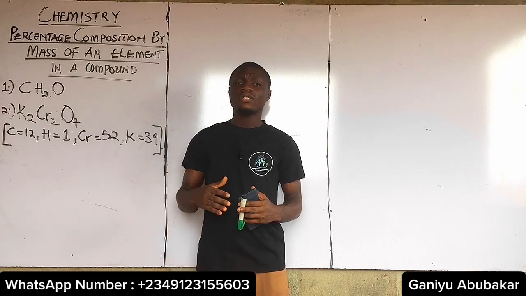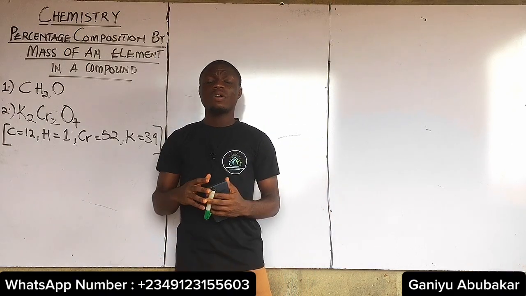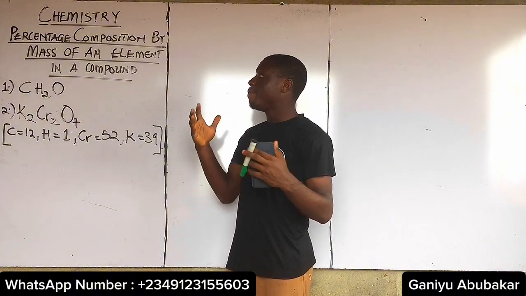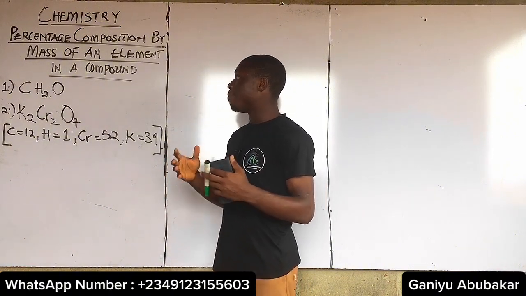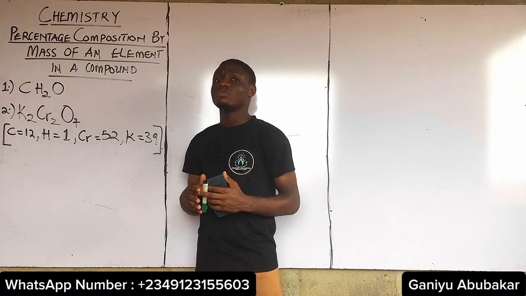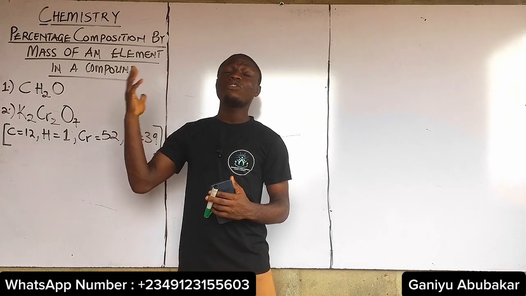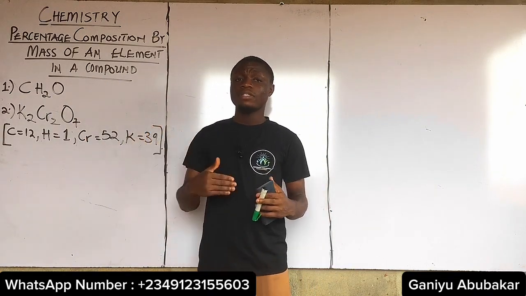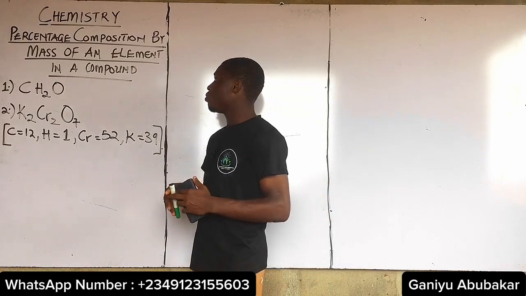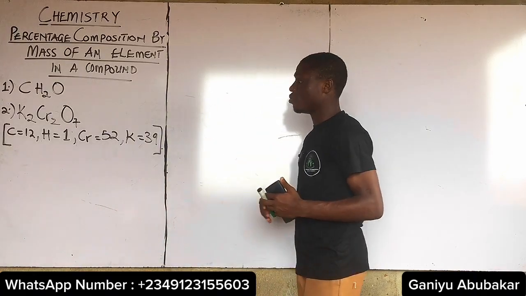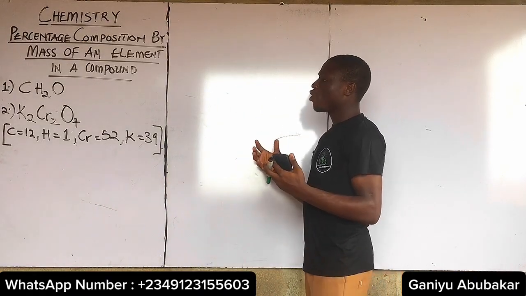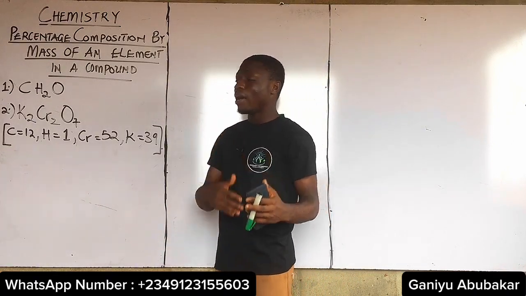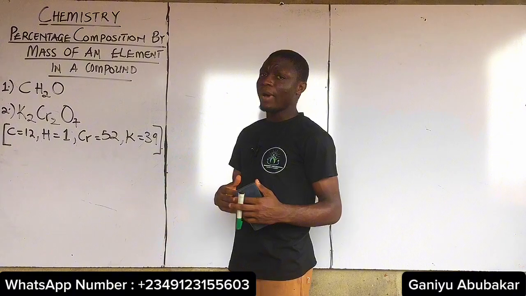For this class, we're diving into chemistry, discussing the concept of percentage composition by mass of an element in a compound. So, how do you calculate the percentage composition by mass of an element in a compound?